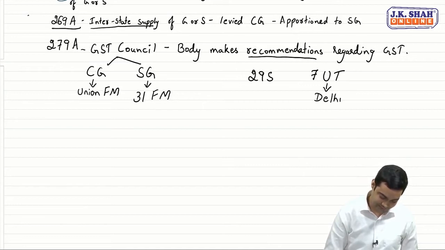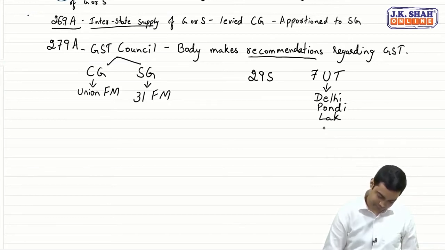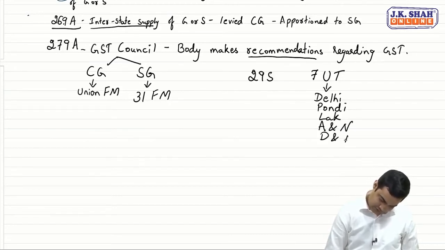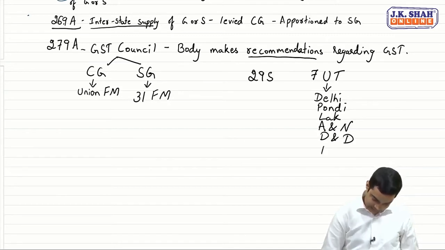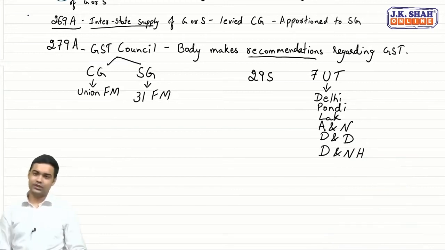Delhi, Pondicherry, Lakshadweep, Andaman and Nicobar, Daman and Diu, Dadra and Nagar Haveli, and you need to tell me which one is missing.